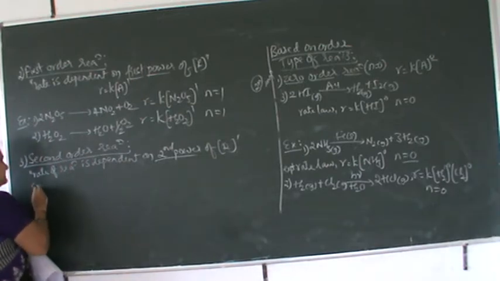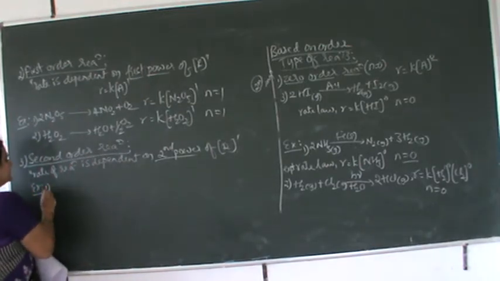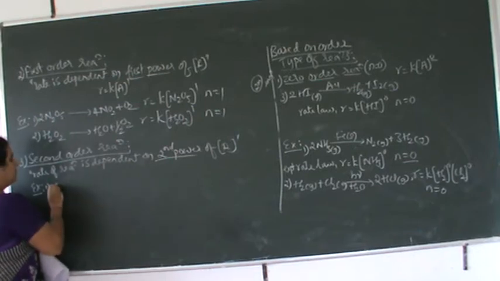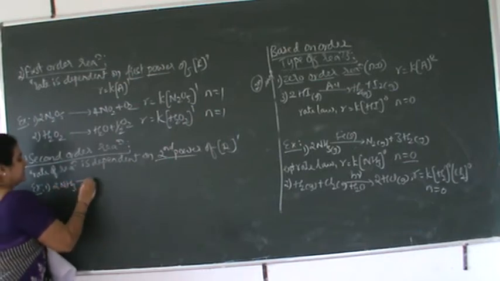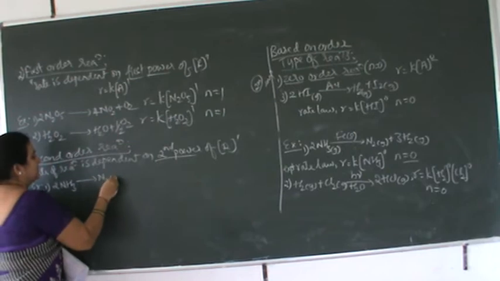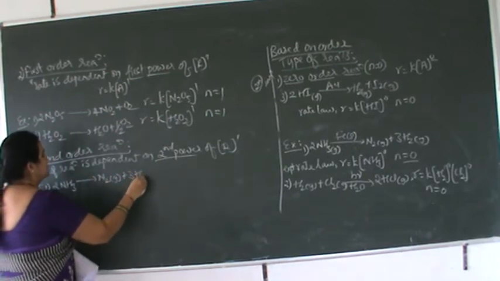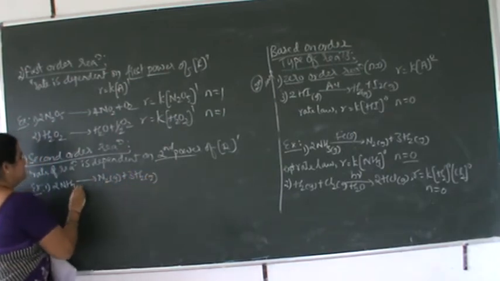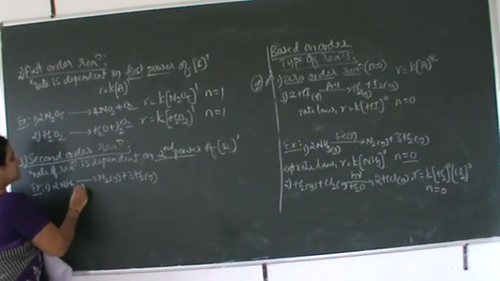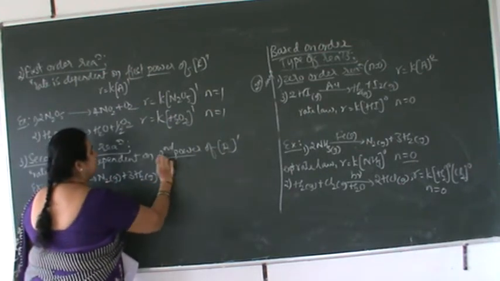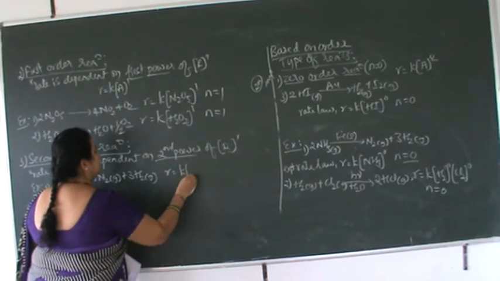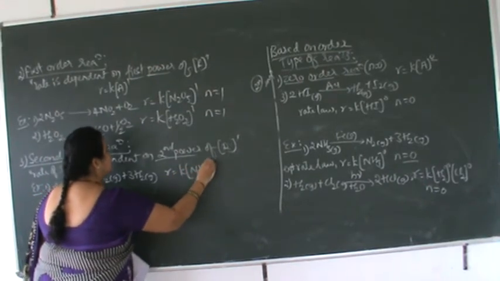Same examples I will cover here. First example, 2NH3 giving rise to N2 plus 3H2. Just the reaction. R is equal to K into NH3 raised to 2.